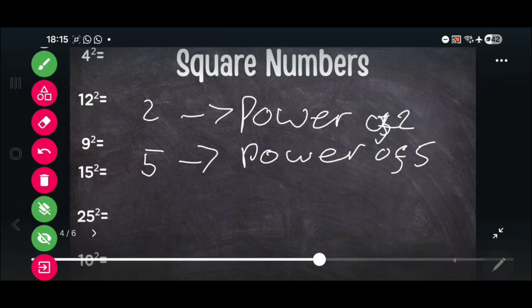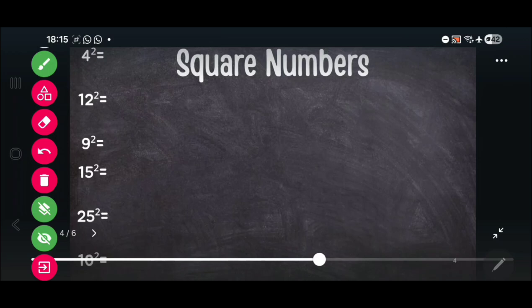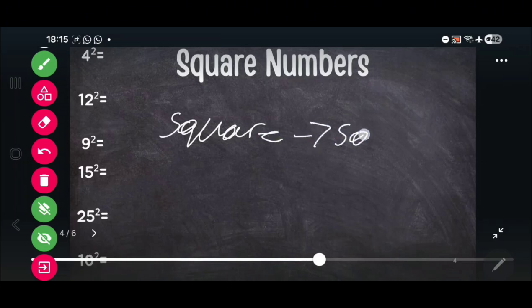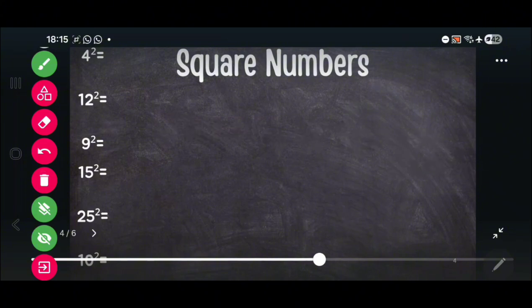So for the power of 2 would mean to square it, and when you square it, you end up with a square number. So that's what we're learning about today, really.